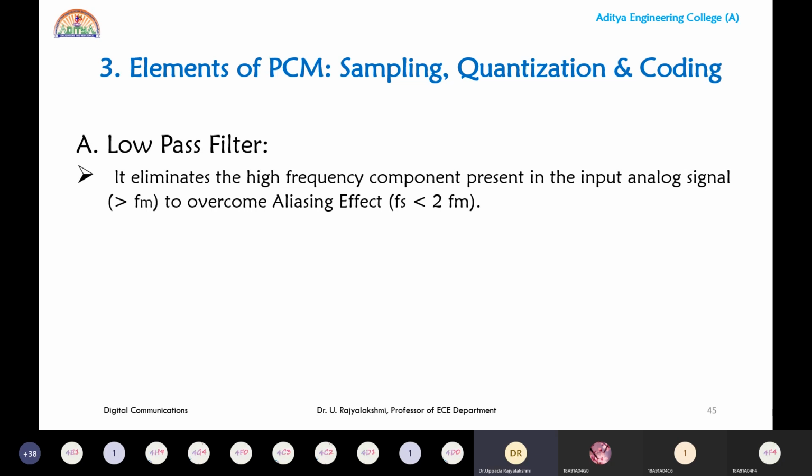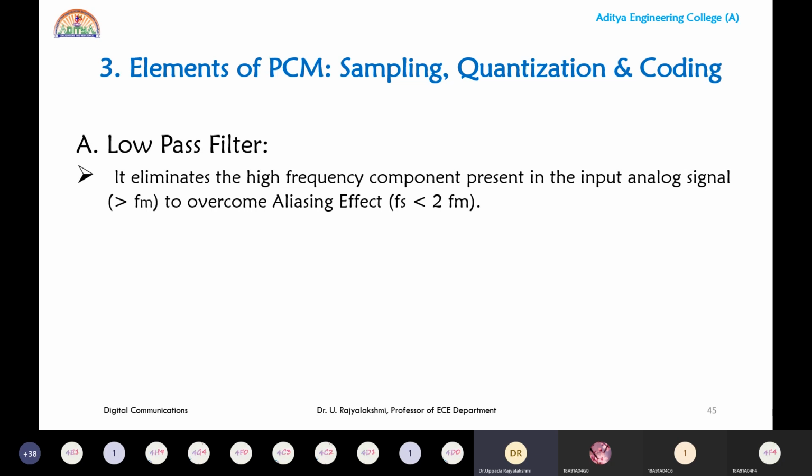Next, let us move to the sampler. So what is the importance of the low pass filter? It eliminates the higher frequency components. Here the low pass filter is generally used to overcome the aliasing problem.